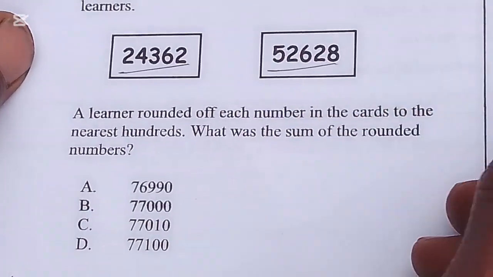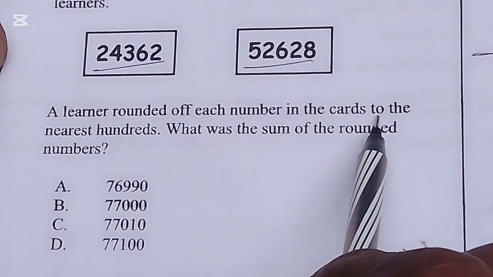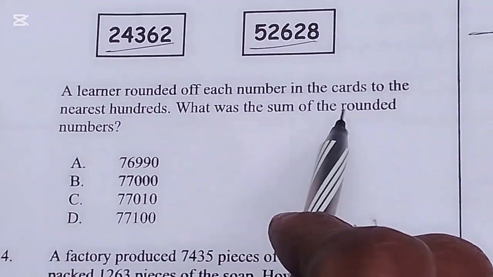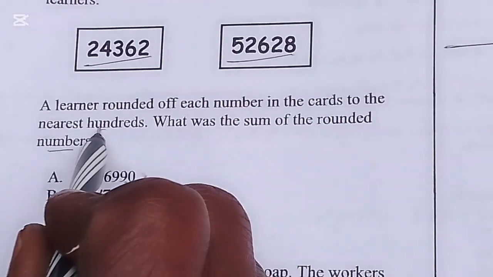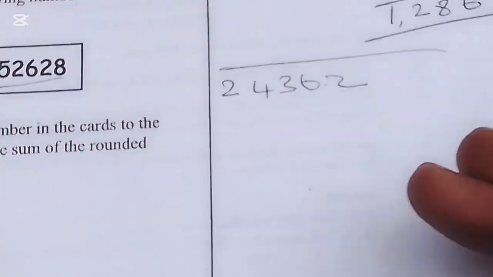Number 3, a teacher displayed the following number cards to the learners. A learner rounded off each number in the cards to the nearest hundreds. What is the sum of the rounded numbers? So you are supposed to round off these numbers to the nearest hundreds. So we have 24,362.